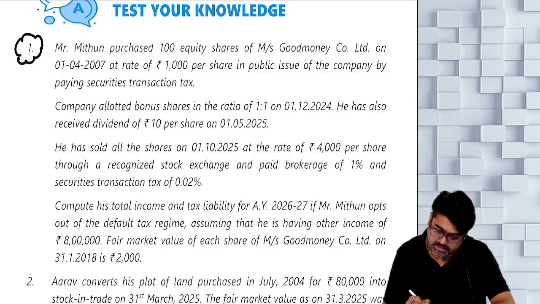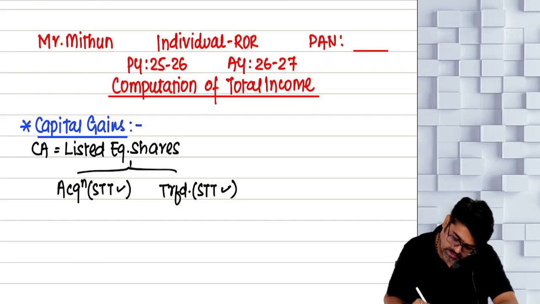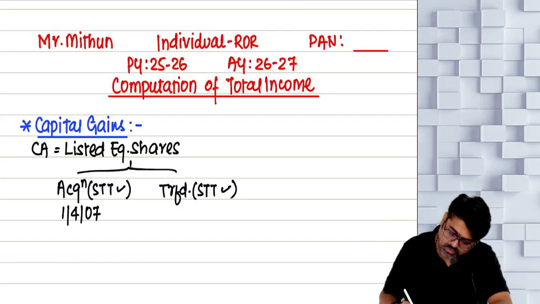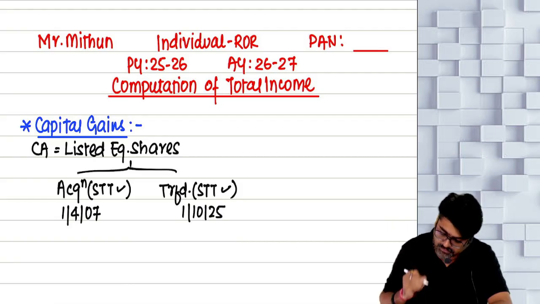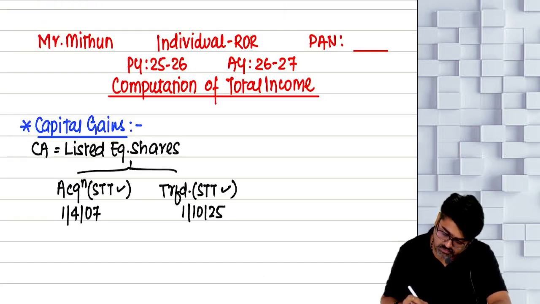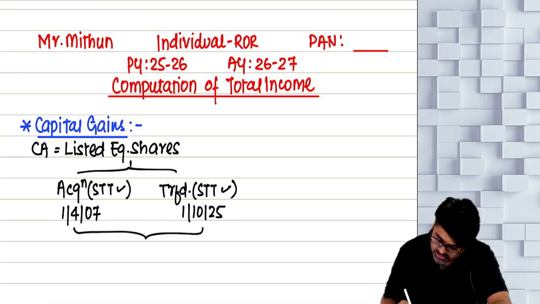Acquisition date. Tell me the acquisition date. 1st April 2007. When these shares are sold by him? 1st October 2025. Okay. Now, date of acquisition, date of transfer.